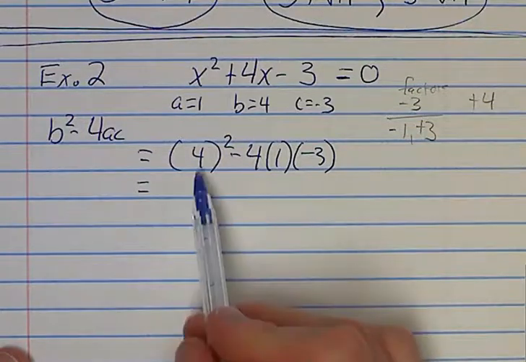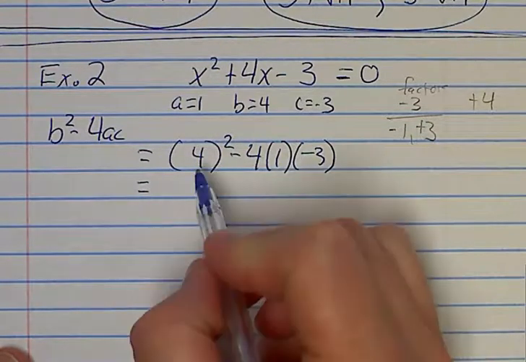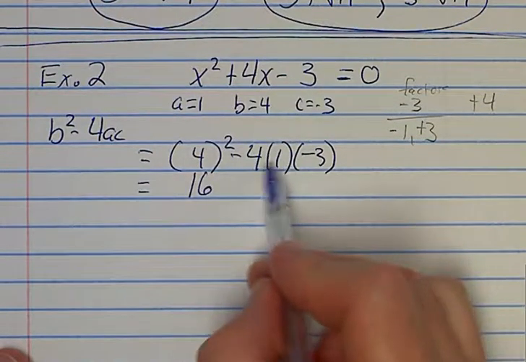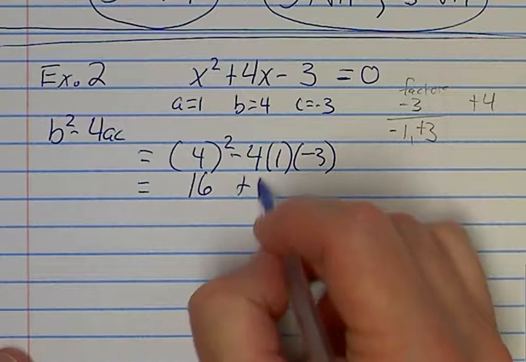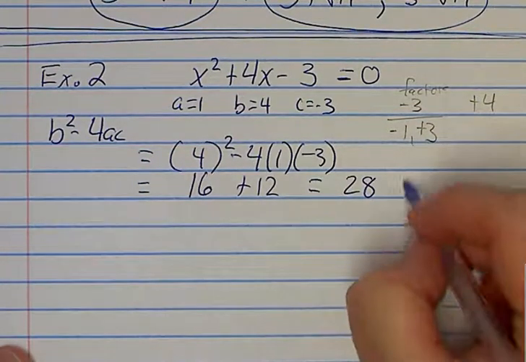Some people say, well, I didn't need the parentheses with 4 because it's positive. Yeah, but let's just get in the habit of doing that, because if it's negative, sometimes people will miss the negative there. 4 squared is 16. Negative 4 times 1 is negative 4, but negative 4 times a negative 3 is a positive 12. So that means your discriminant is 28.